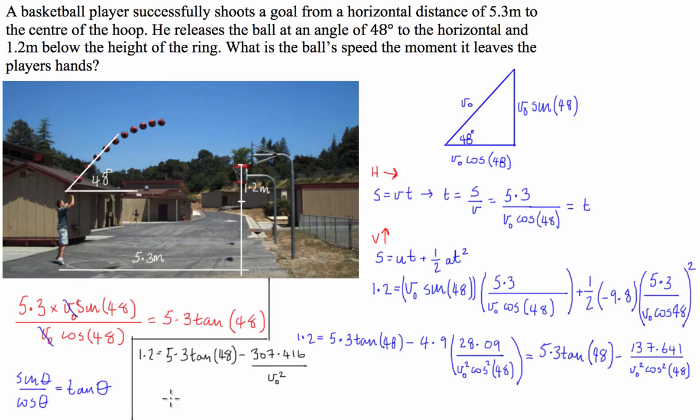I'm not going to do every step of my algebra, just for space concerns, and I'm going to assume you know how that works. It's going to be equal to 307.416 divided by 5.3 tan of 48 subtract 1.2.